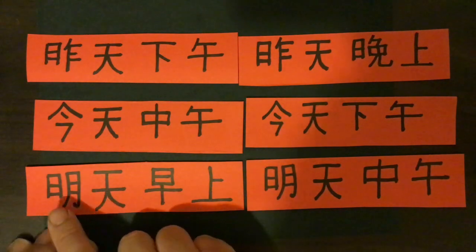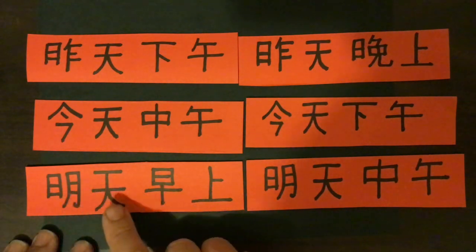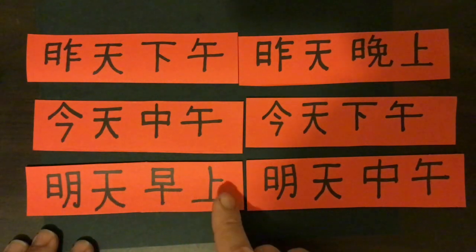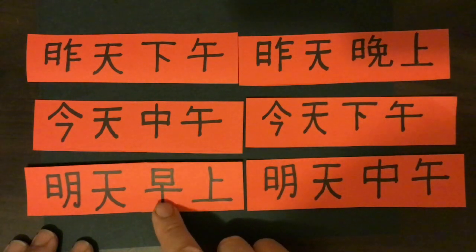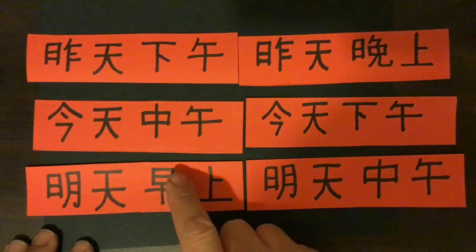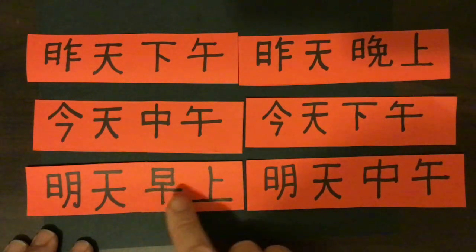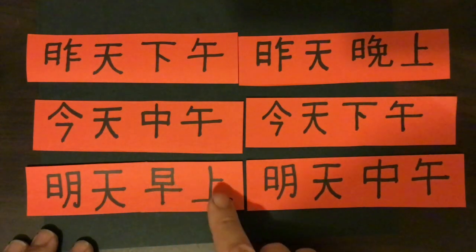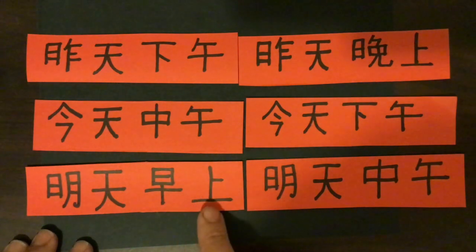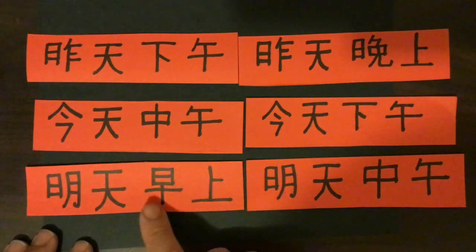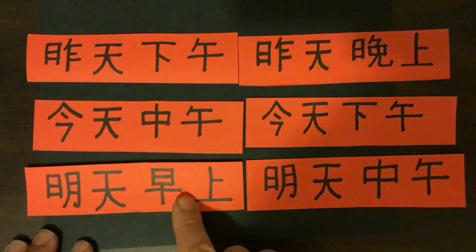Last ones. 明天早上. Okay, 早, very early, or very early part of the morning. Remember, that's the sun rising up over the horizon. That's 早. And we've got 上, so meaning it's an arrow pointing up. So the morning has just begun. So that's early morning.